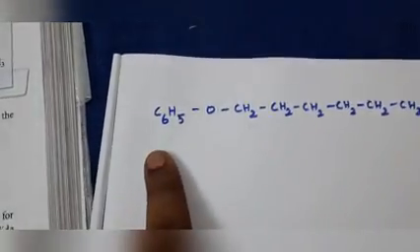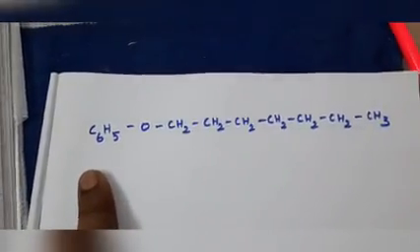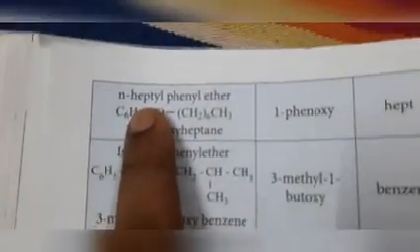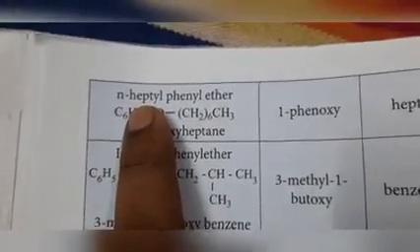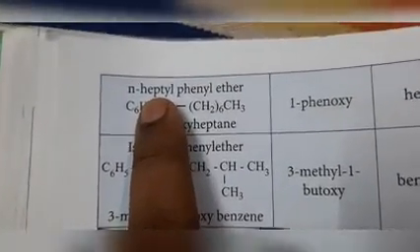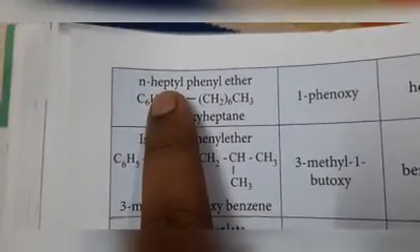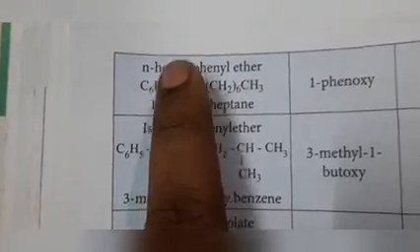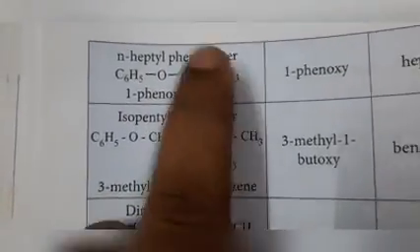According to alphabetical order, n-heptyl comes first. N means normal; when all the carbons are linked linearly, it is called n-heptyl. So n-heptyl phenyl ether.